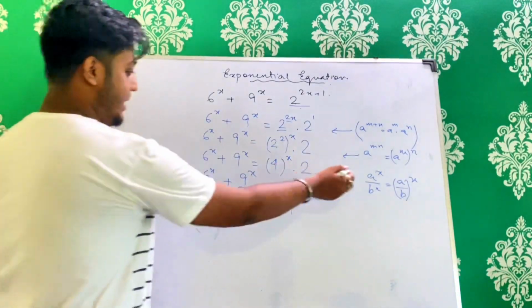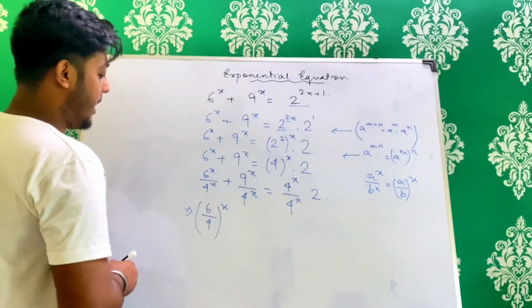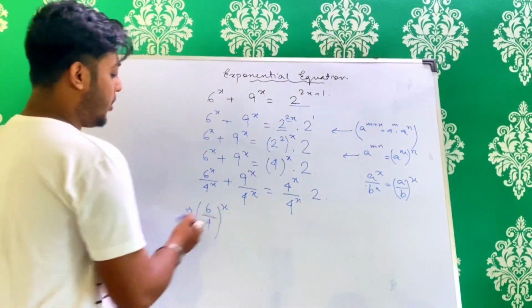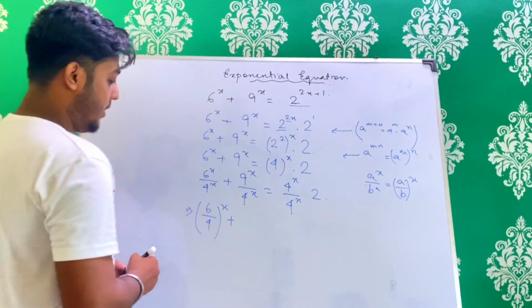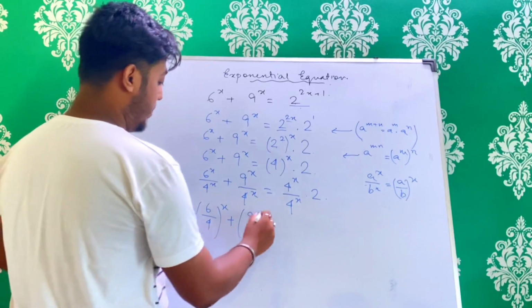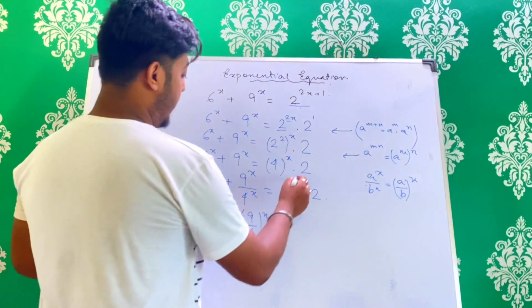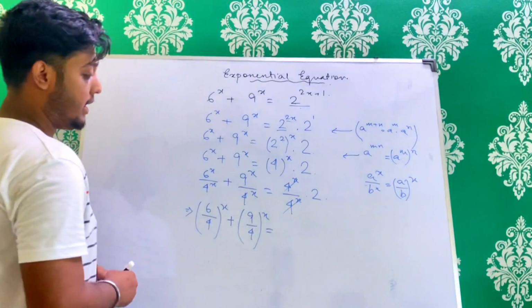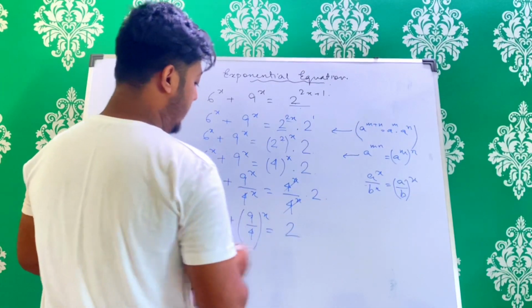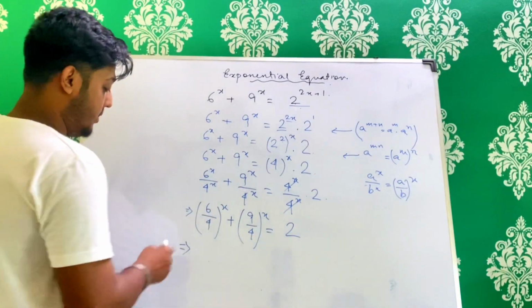So we are using this formula here. 6 to the power x by 4 to the power x, we can write it as 6 by 4 whole to the power x. Then we will do the same thing here: 9 by 4 whole to the power x. And here 4 to the power x and 4 to the power x will get cancelled out and 2 will be left.